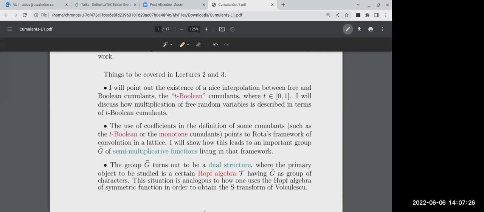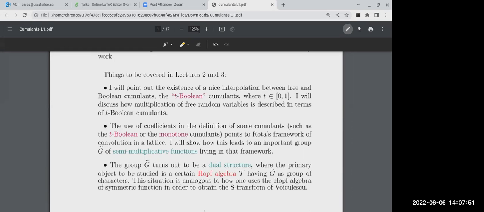I'll discuss how the multiplication of free random variables is described nicely in terms of Boolean cumulants, and there is a whole continuous interpolation between Boolean and free, and I will discuss how those T-Boolean cumulants describe multiplication of free random variables.